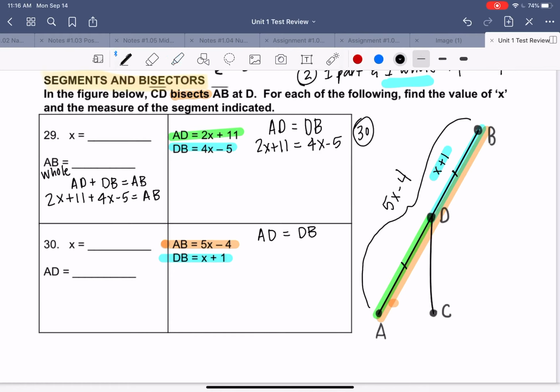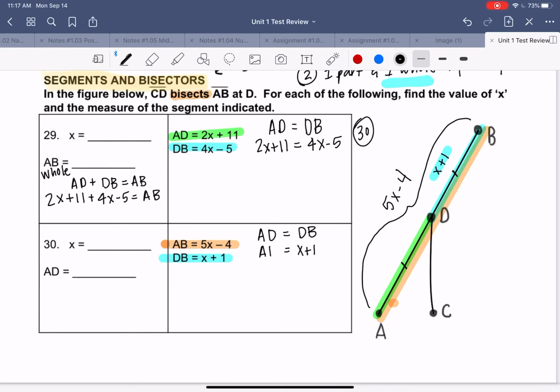But the term bisector allows us to do one thing. Okay, if we only have one part and then a whole, and we don't know what our other part is, because of the term bisector, we can also label AD as x plus 1 because since DB equals x plus 1, I'm going to plug in DB for x plus 1 or x plus 1 for DB.